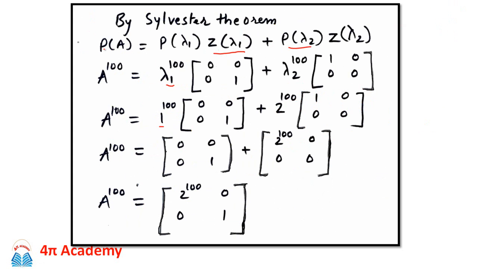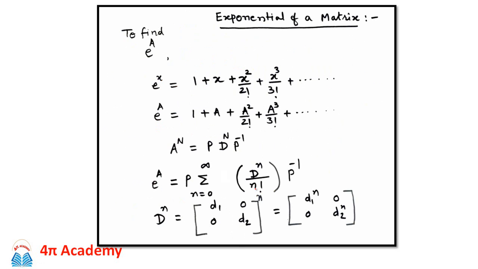Then by Sylvester's theorem, P of A is equal to P of lambda 1 into Z of lambda 1 plus P of lambda 2 into Z of lambda 2. So A raised to 100 will be equal to the eigenvalue lambda 1 raised to 100 into Z of lambda 1 plus lambda 2 raised to 100 into Z of lambda 2, and then by solving this we will get the answer.